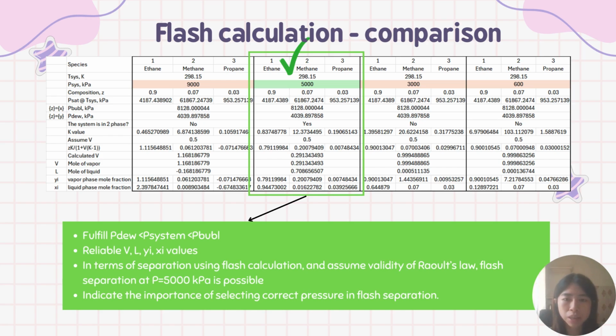So in terms of separation using flash calculation, and assuming the validity of Raoult's law, the flash separation when using P system as 5,000 kPa is possible.